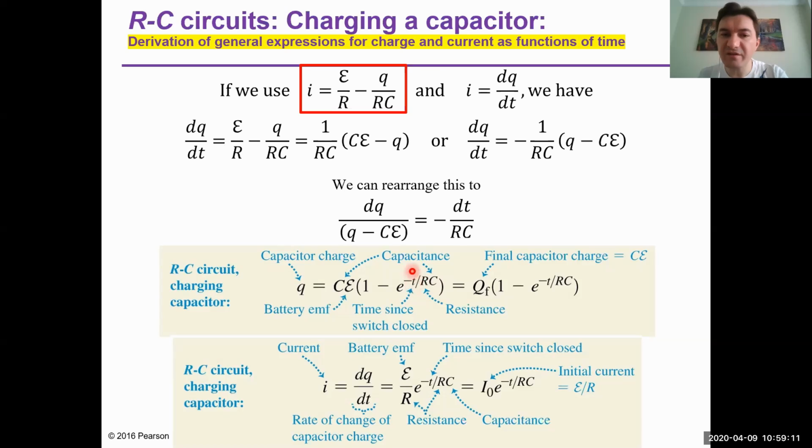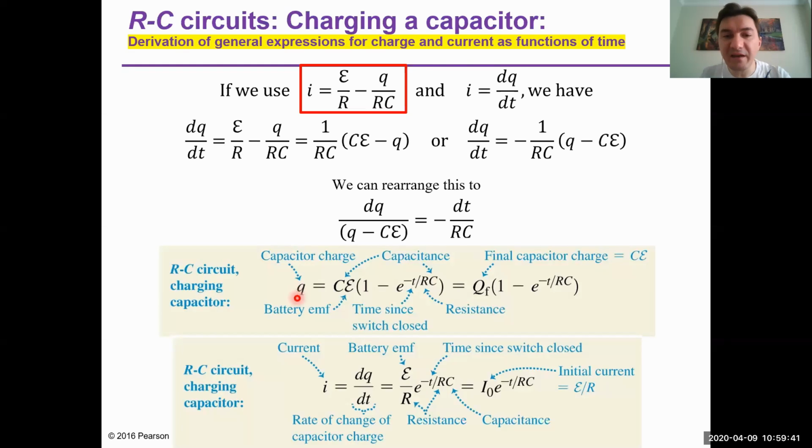Whenever we increase the time, this term decreases and this term increases, and then we increase the charge of the capacitor. So this capacitance times EMF here can also be written like this: QF. Here, C times EMF gives us the final capacitor charge.